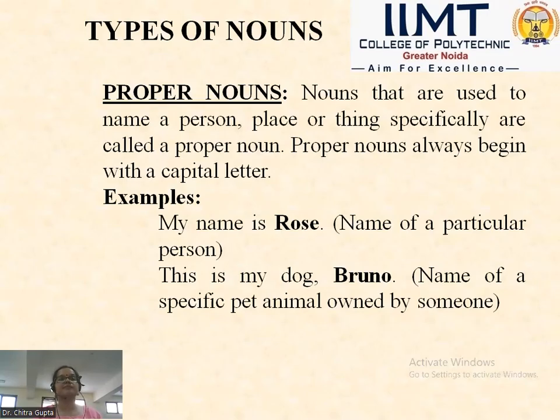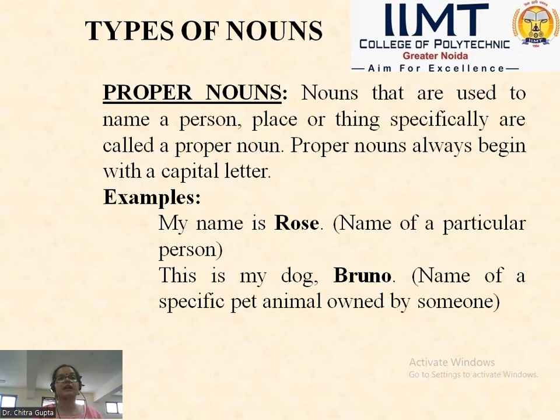For example, my name is Rose. What is Rose? It's the name of a particular person. In another sense also, we can say Rose can be categorized as a particular flower also. So here it is a proper noun, and as you can see in the example also, Rose is written with a capital letter R. In another example, this is my dog Bruno.